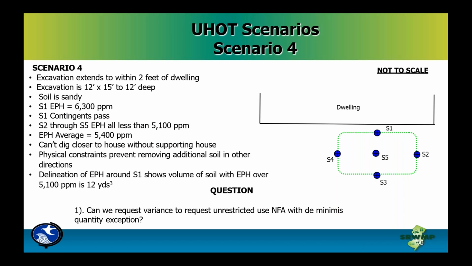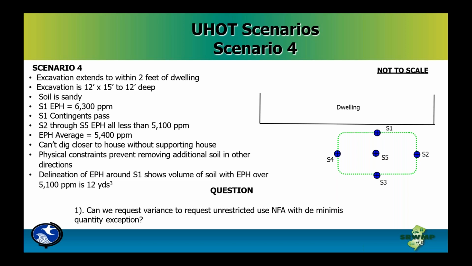All right, so we'll go to scenario 4. This is going to be very similar. We had a situation where we didn't go right up to the house, but we were within 2 feet of the house, and our physical constraints prevent removing additional soil in any of the other directions. We've either got a property line, a gas line, whatever, that's preventing us from digging out any more soil.